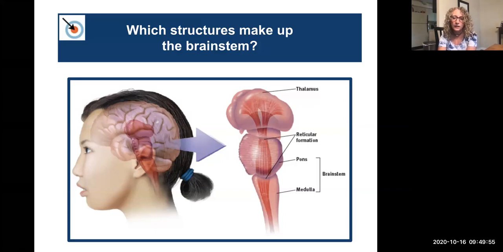The example that I like to give is actually a sad example. My husband, when he was in college at the University of Maryland, was walking back to his apartment one day and he was hit in the back of the head.